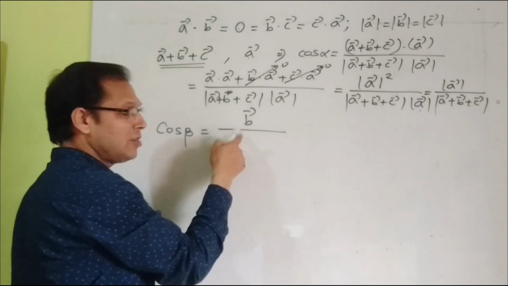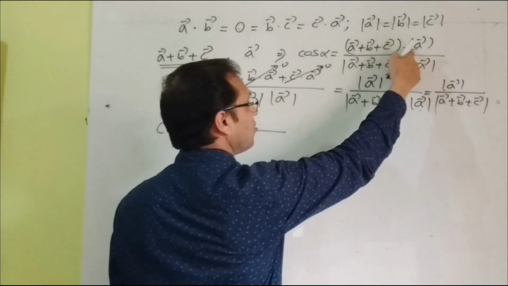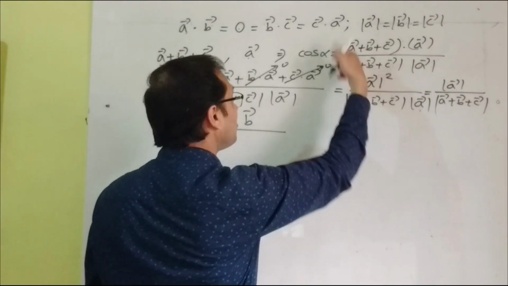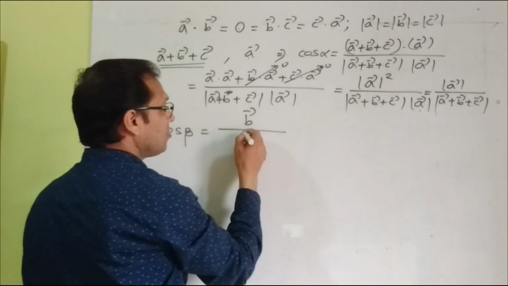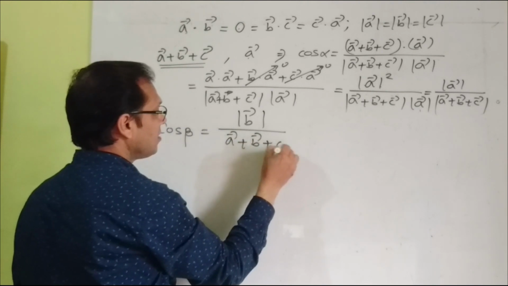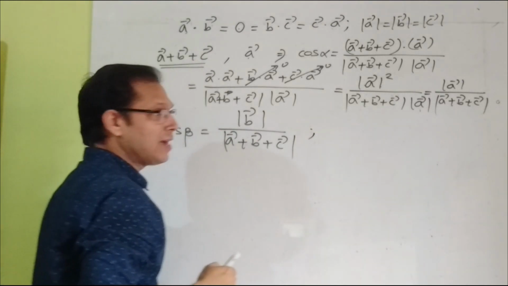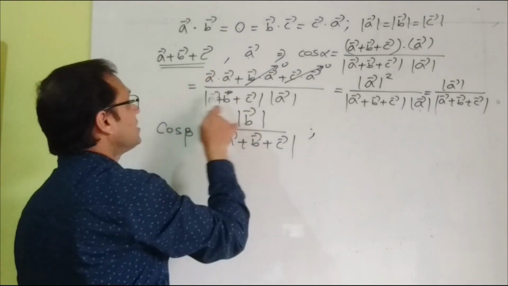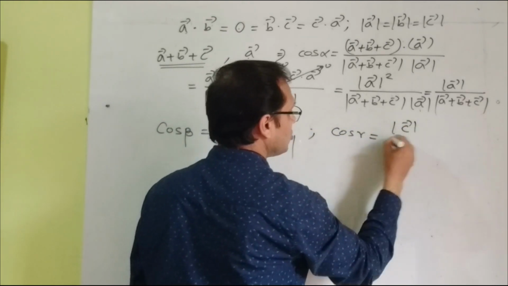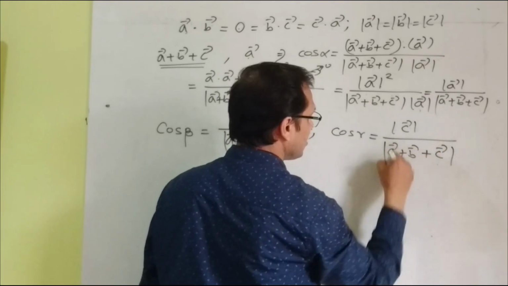You complete it, I will directly write it. Cos beta is b vector dot a plus b plus c by the magnitude of a plus b plus c into b vector magnitude. The answer will be b vector magnitude by a vector plus b vector plus c vector magnitude. Likewise, if gamma be the angle between a plus b plus c and c vector, then cos gamma is equal to how much? C vector magnitude by a vector plus b vector plus c vector magnitude.